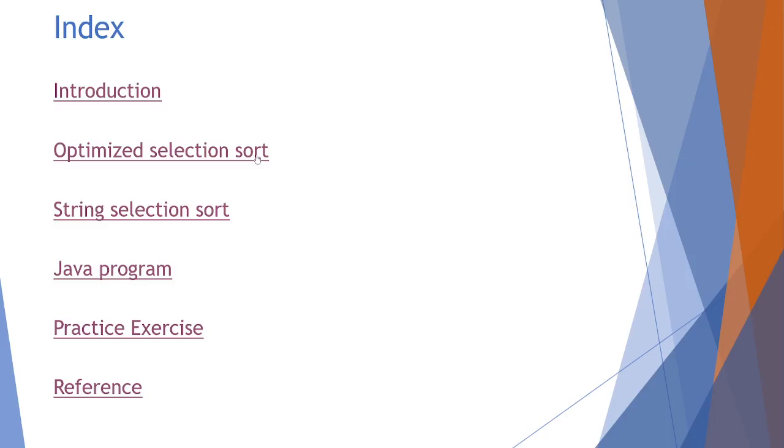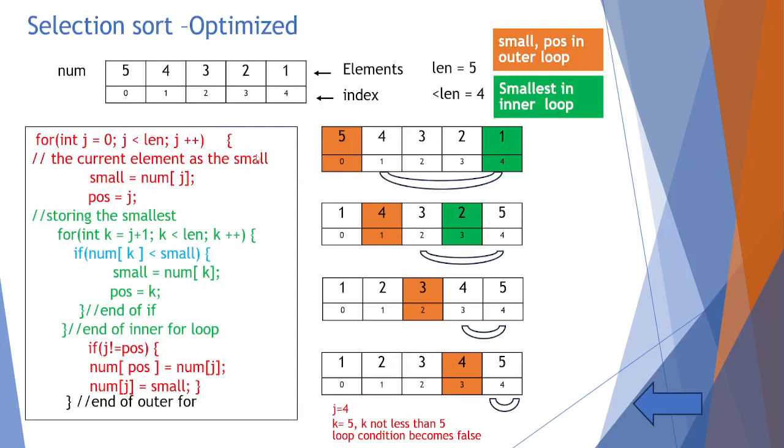Let's see optimized selection sort. Here I have taken an integer array as an example. If you see the dry run on the right side, 5 is the picked up element at index 0, and the inner loop finds the smallest from 4, 3, 2, 1, that is the rest of the array, and swaps 5 with 1 because the smallest is 1.